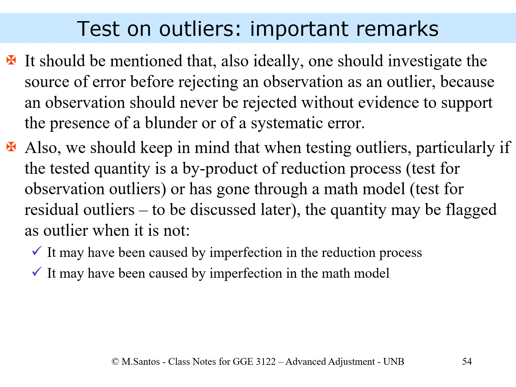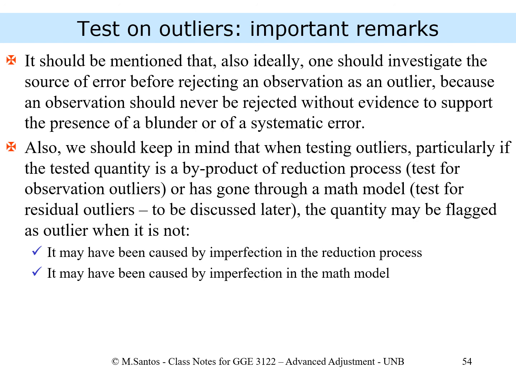We will see later on that we do that also. The quantity that is tested may be a byproduct of a reduction process, or has gone through a mathematical model, which means that if there is an imperfection, the quantity may be flagged as an outlier without really being an outlier. That's what I want to say.